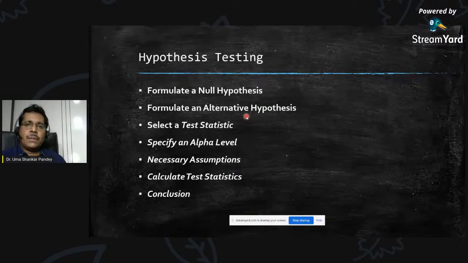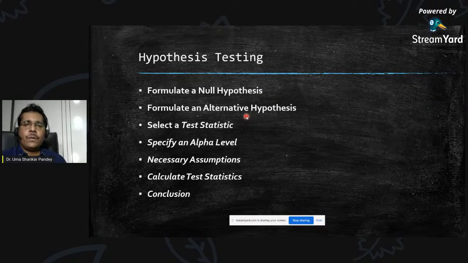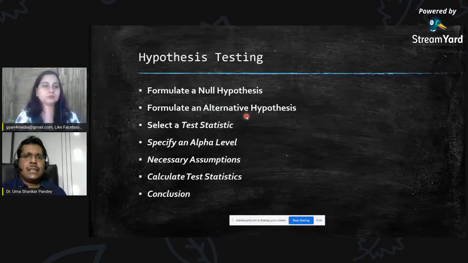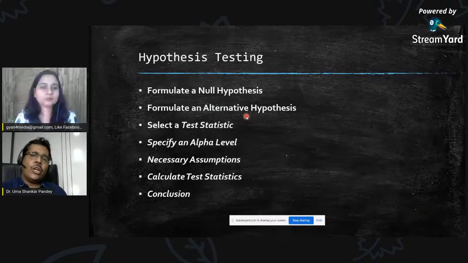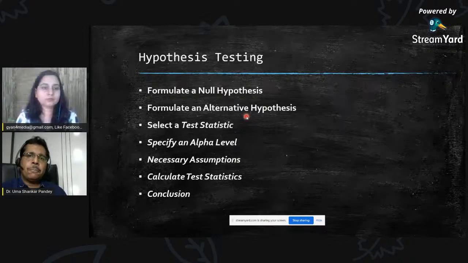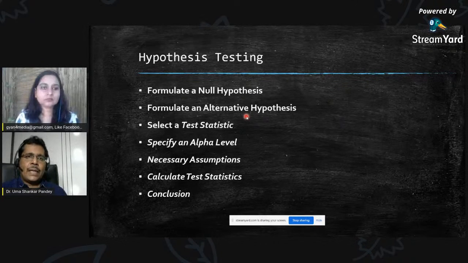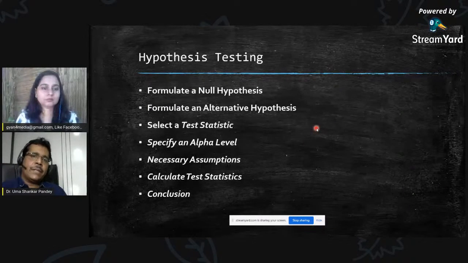I'm sure everybody remembers that alpha level of 0.05 or at times 0.01. So what the alpha level means is that we are suggesting the probability of the null hypothesis being true. So when I put an alpha level of 0.05, that is my limit.